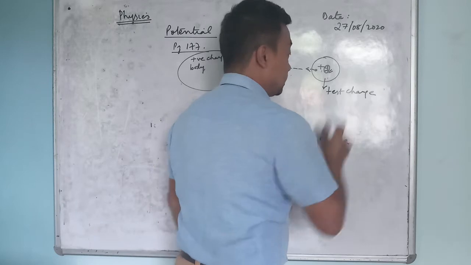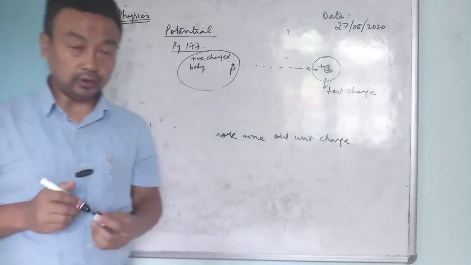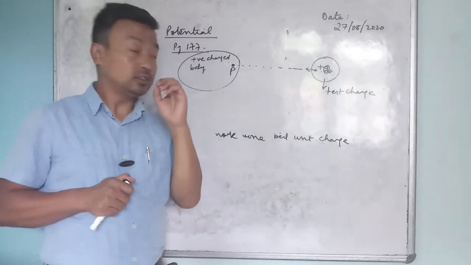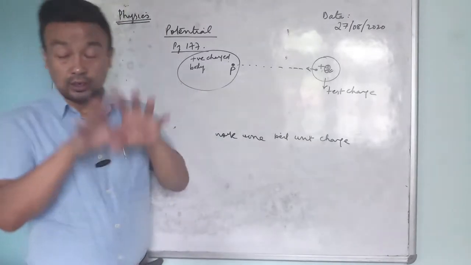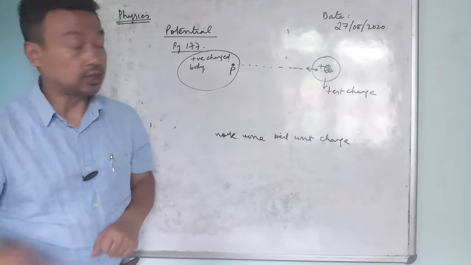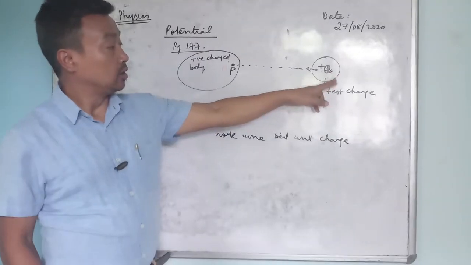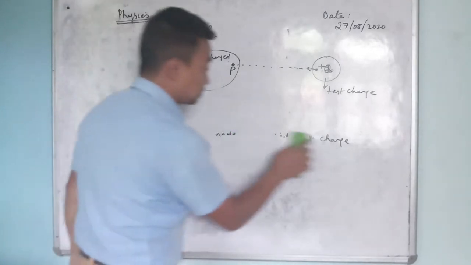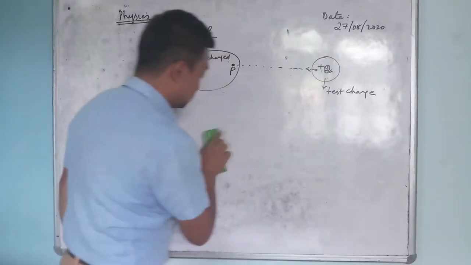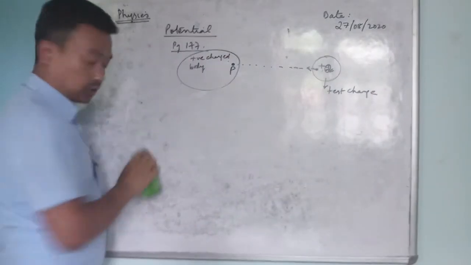This test charge is a charge of very infinitely small value. The presence of this test charge does not disturb the other charges when it is brought to the region of other charges.